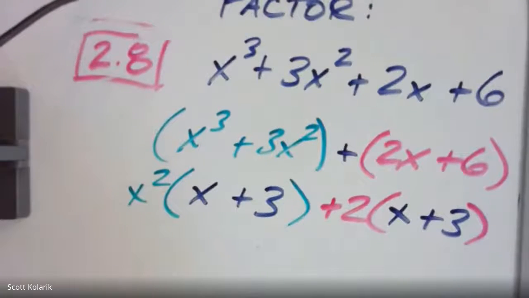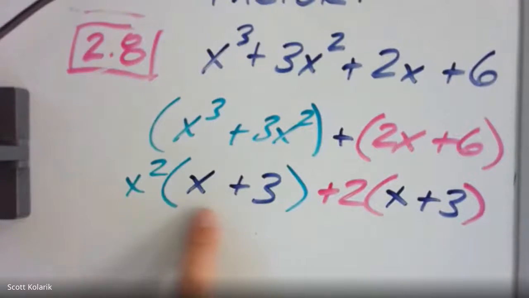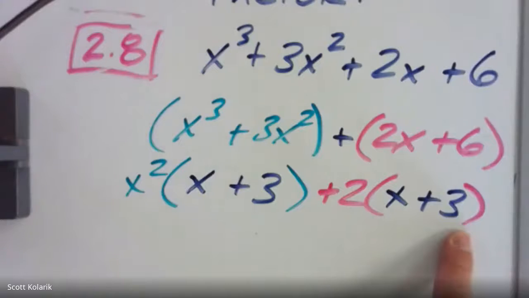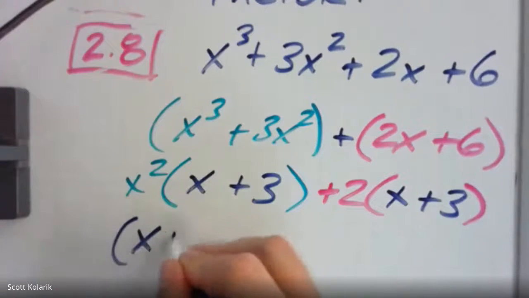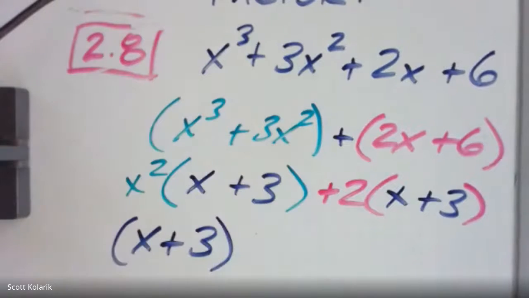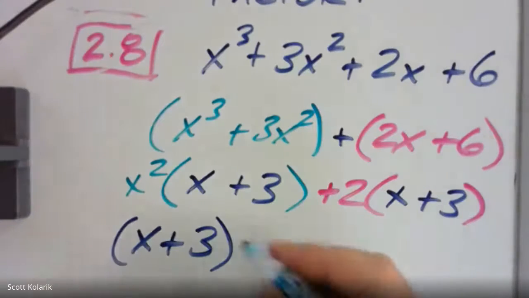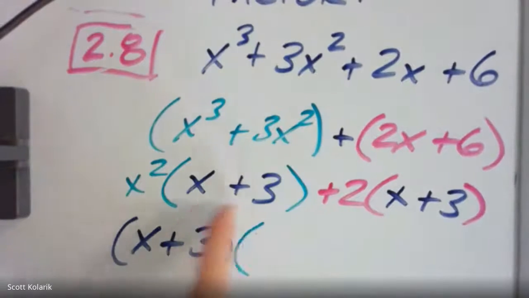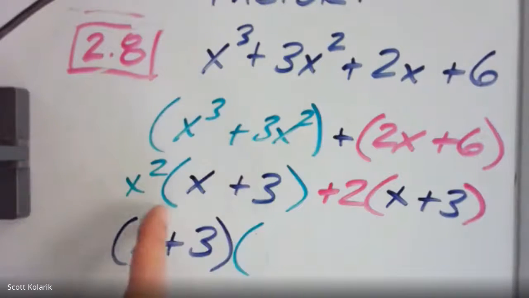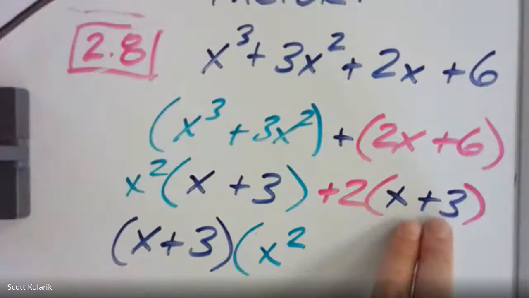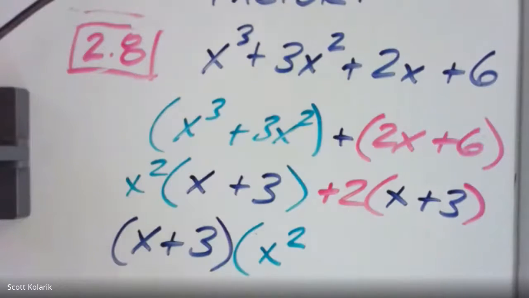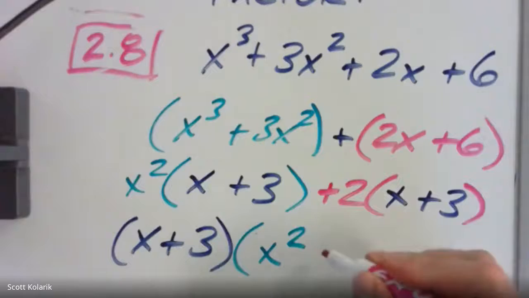I want these parentheses to match, because since they do match, I can now factor out that parentheses. That parentheses, x plus 3, is what I can factor out. Now what's left over: when I divide it out of the first term, I'm left with just x squared. And when I divide x plus 3 out of this term, I'm left with just positive 2.